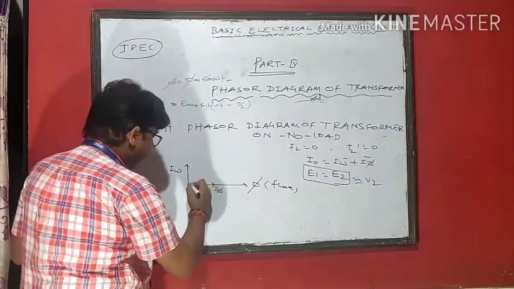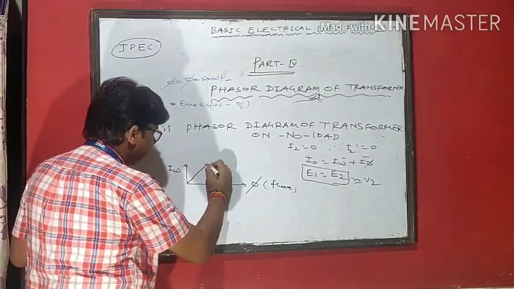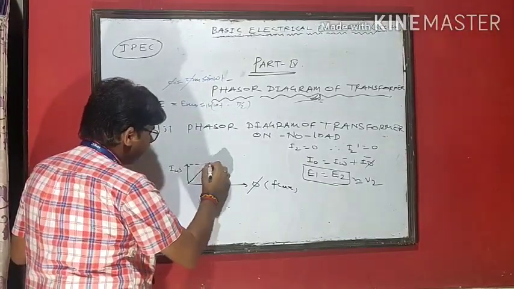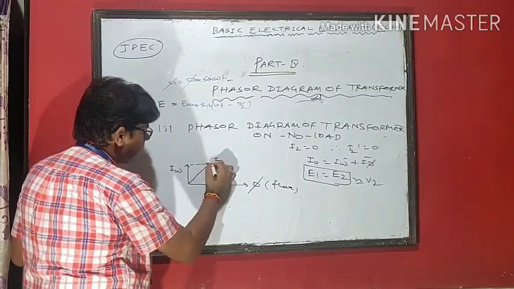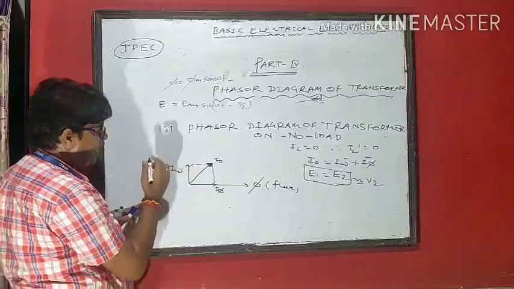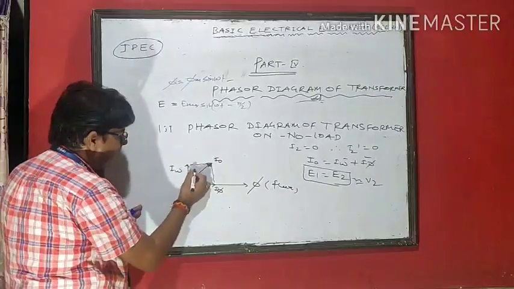The resultant of I phi and I W is your I naught, with angle phi naught.